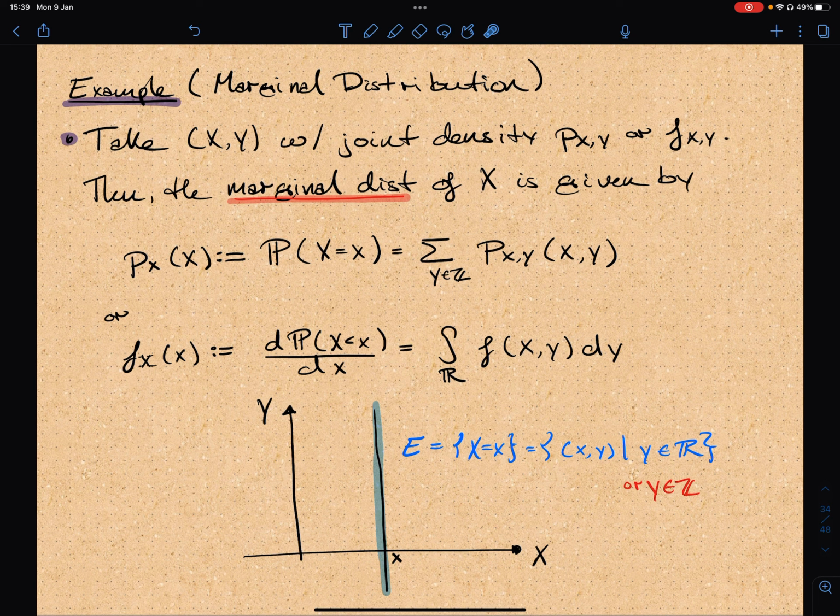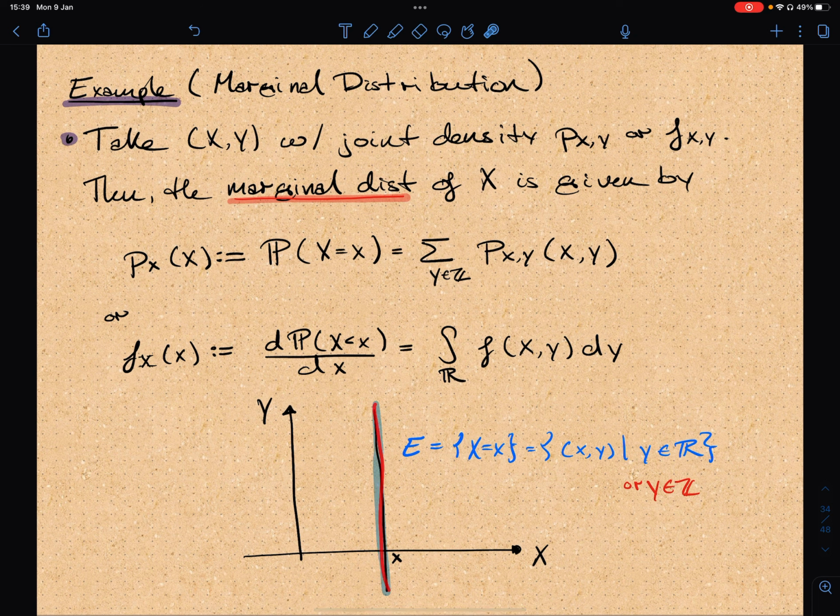Using the joint density, I can compute this density function using the general recipe of integrating over the event E.